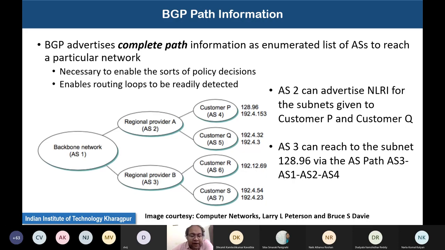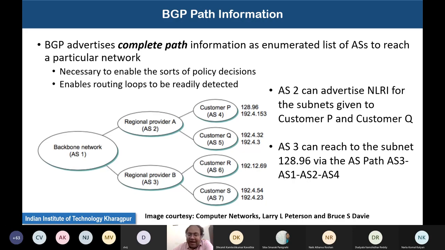Say, for example, the subnet 128.96 and 192.4.153 is connected with AS4. Now the BGP speaker of AS4 constructs the NLRI packets and broadcasts that network layer reachability information. It reaches AS2, and AS2 says, well, I can reach 128.96 via the path AS2, AS4.